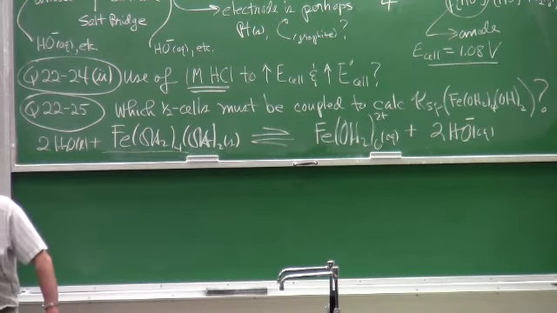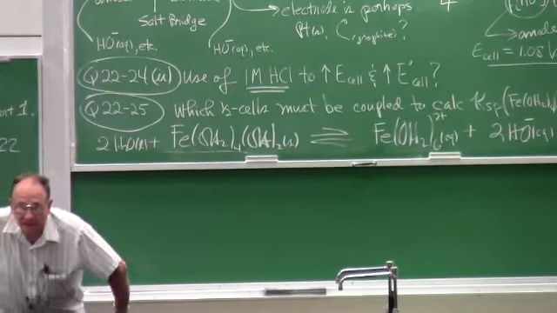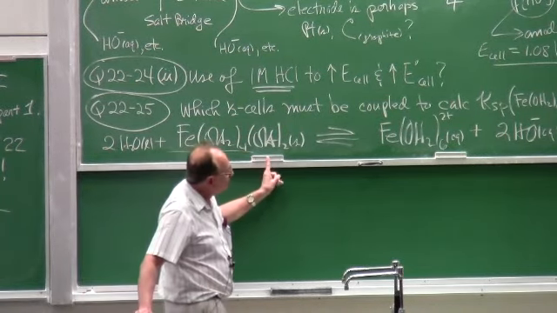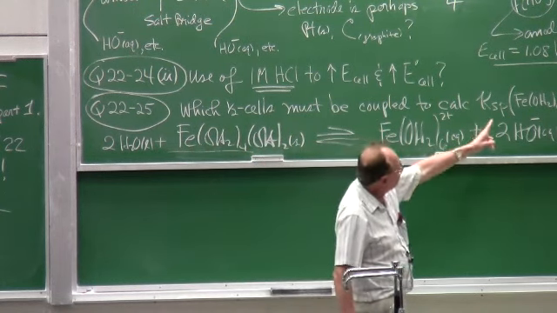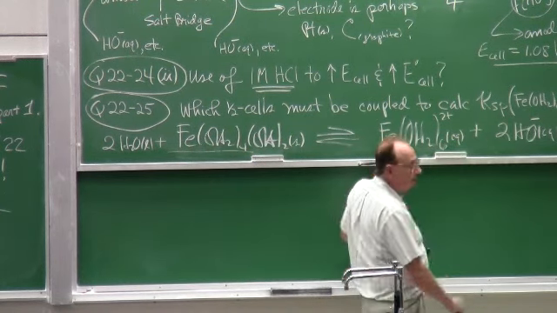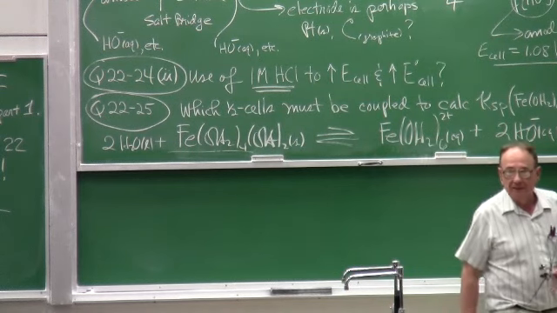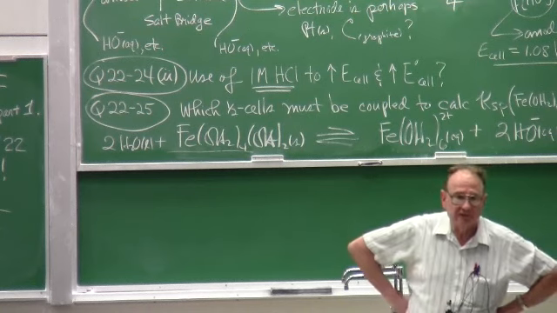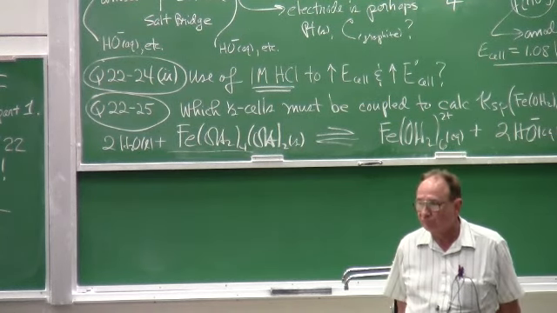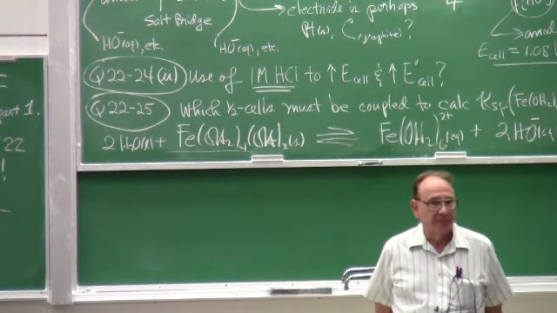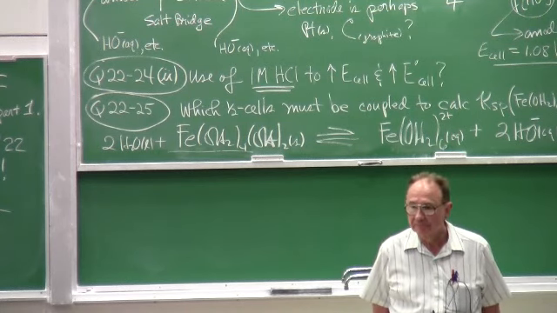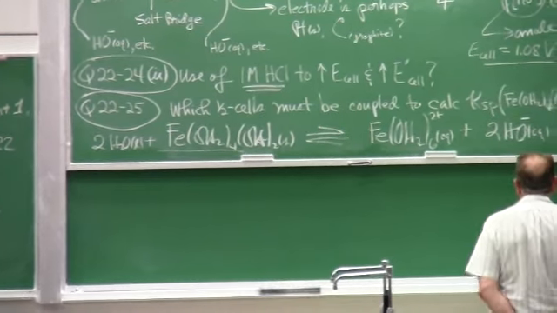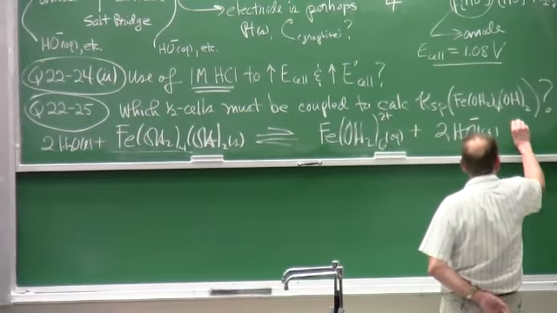Wonderful. Now tell me which half cells to couple in order to calculate the equilibrium constant for this reaction, which by definition is KSP for this stuff. I want the numbers for these half cells. I heard 15.